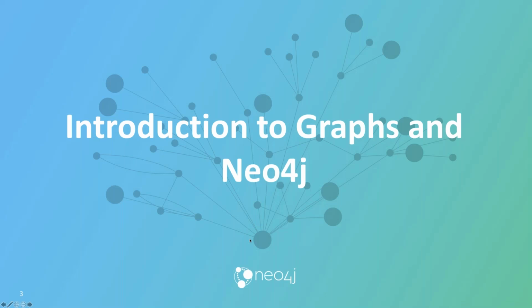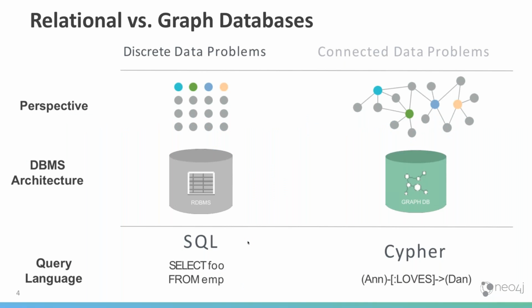Okay, so first our introduction to graphs and Neo4j. What is a graph database? So we'll define that by comparing it to relational databases, which have been around for decades and most people are familiar with. So relational databases are table oriented, right? Rows and columns.